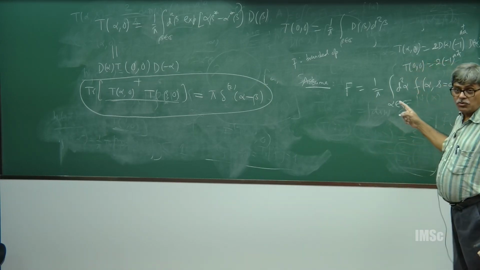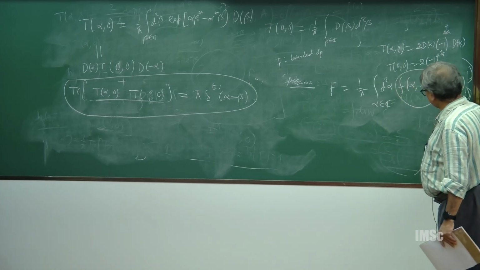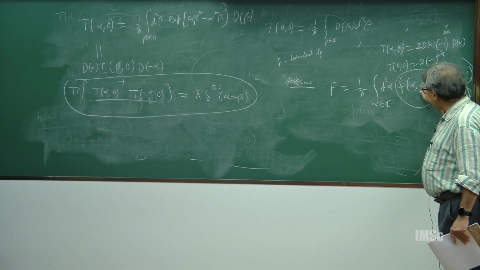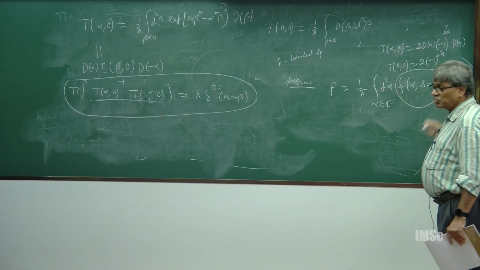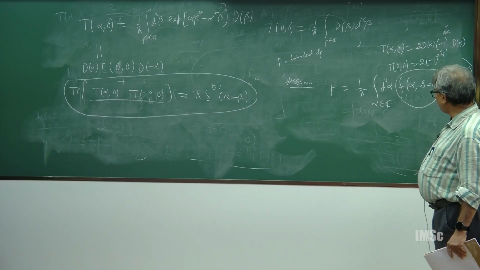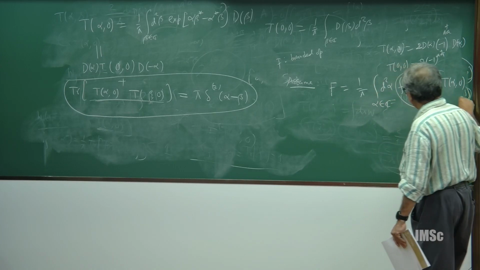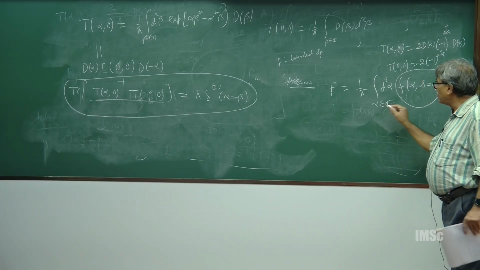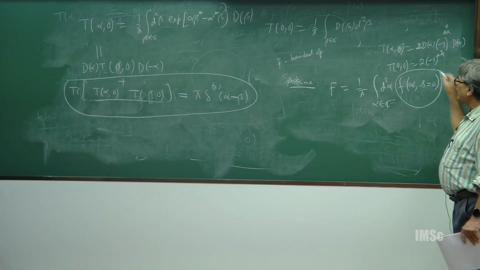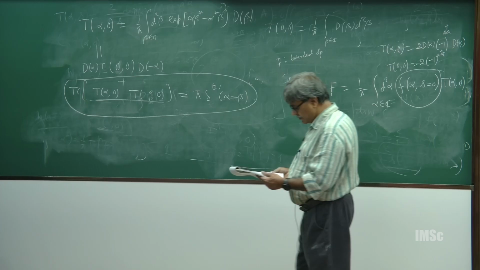Remember what we did last time in terms of the displacement operator: this weight function is trace of F times the displacement operator D alpha. Now we are expressing F, which is a bounded operator, in this form. This is at the level of assumption, and one can prove that for a bounded operator such an expression exists and is convergent.